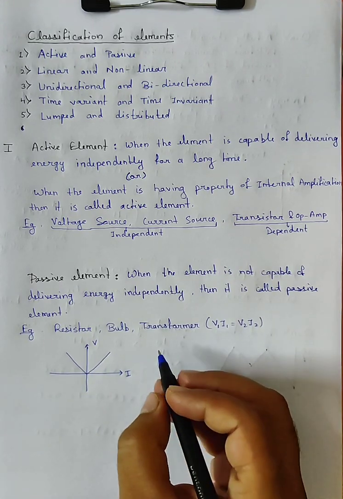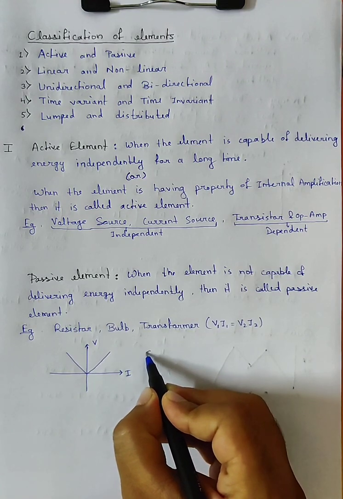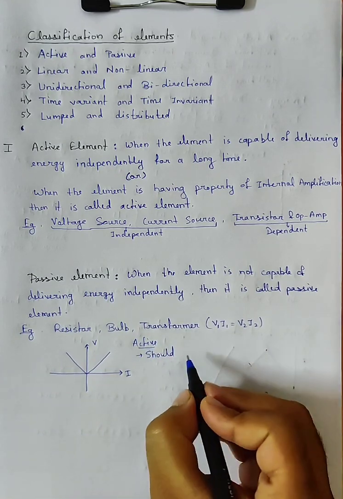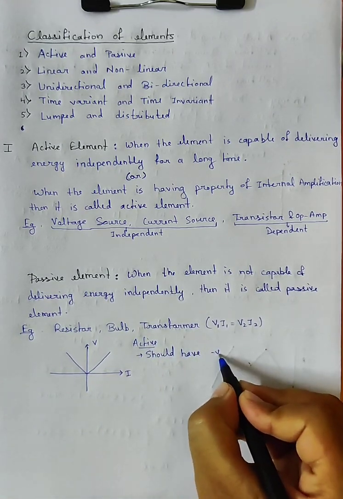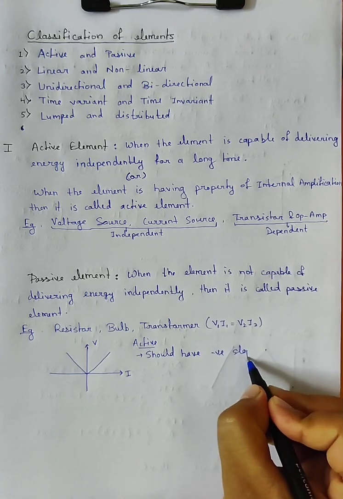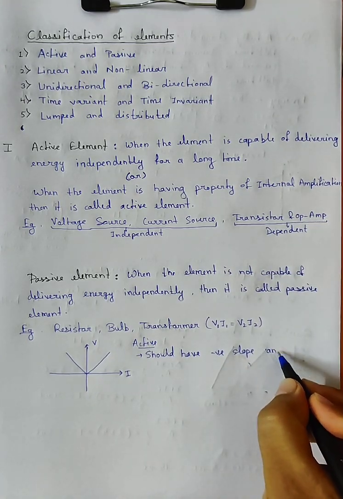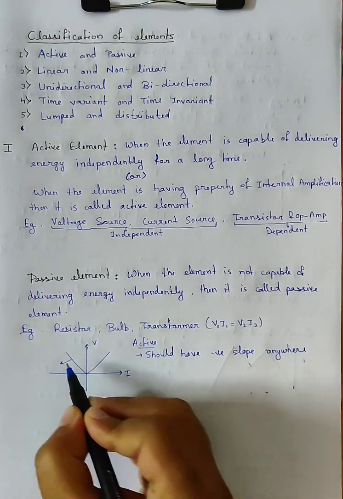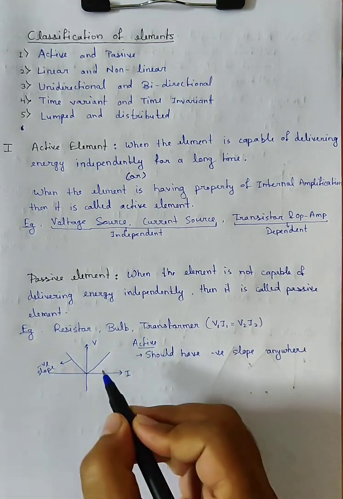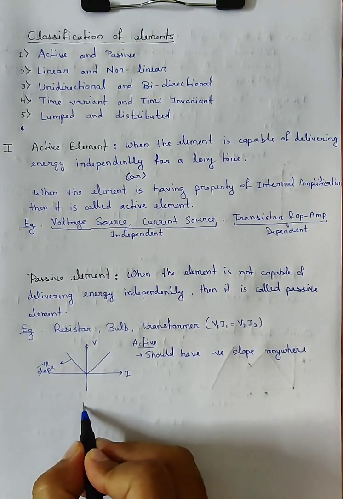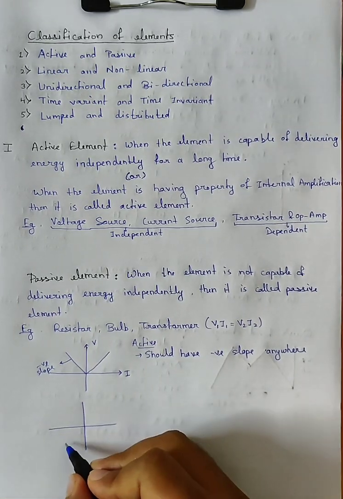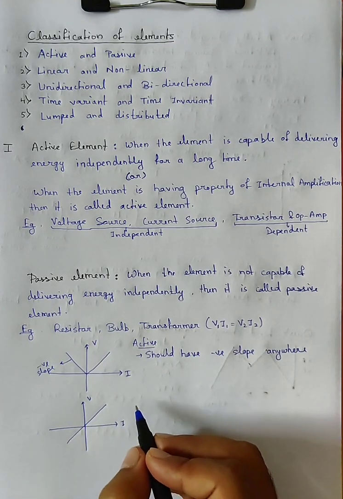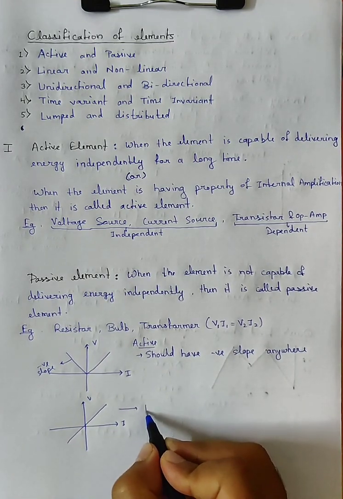For an element to be active, it should have negative slope anywhere. Like this plot has negative slope here, so it is an active element. In this plot of VI, there is no negative slope, so it is a passive element.